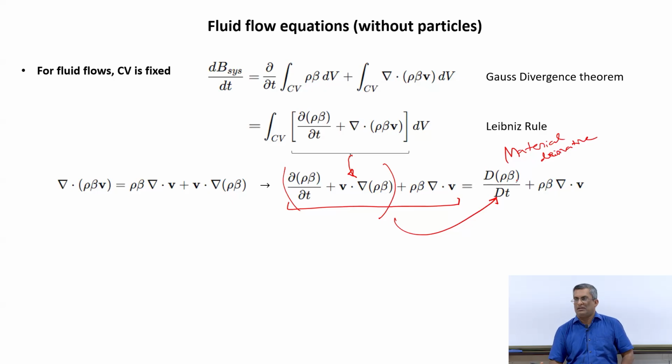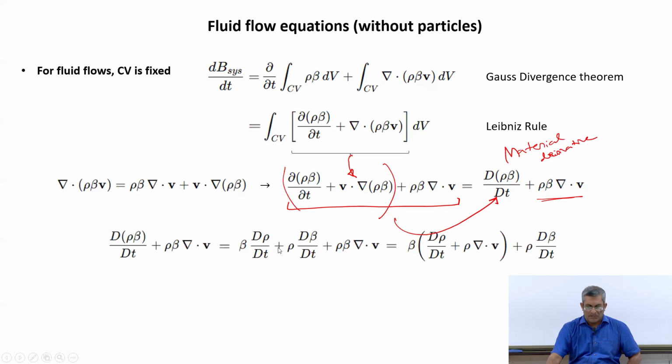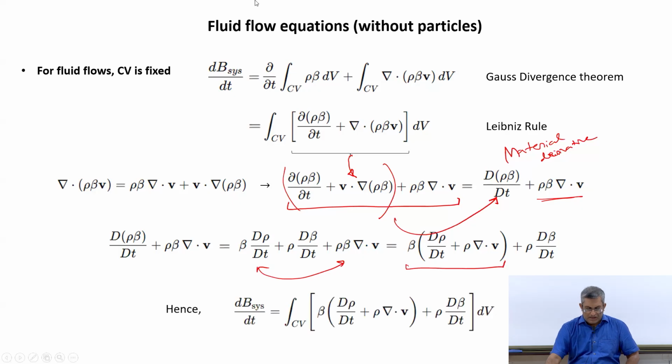Rho times beta, that is your property per unit volume, plus you have this quantity. Now we will use the chain rule to again expand this, and then I can combine these two terms and express it this way, and hence I can finally express the same transport theorem as the rate of change of B is equal to the volume integral of this quantity.